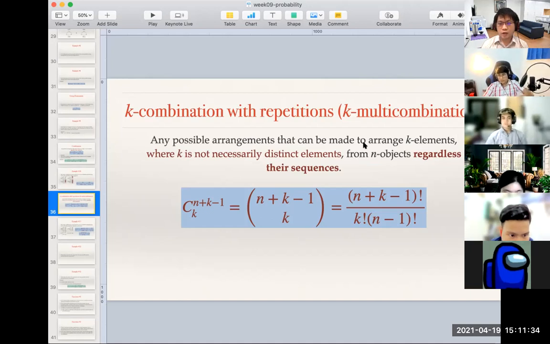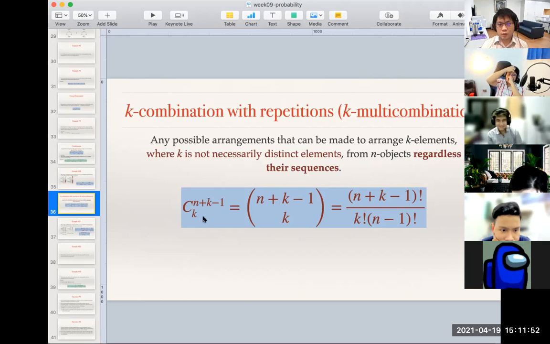An element can be repeated or duplicated from the overall n elements of a set, regardless of their sequence.